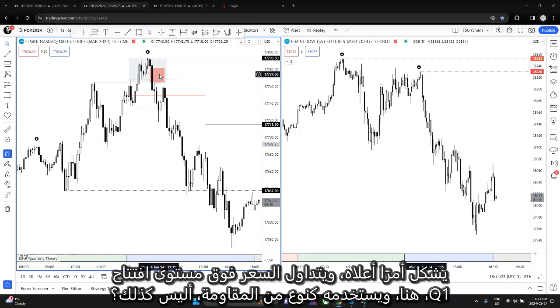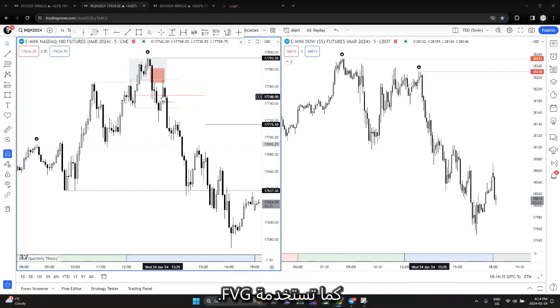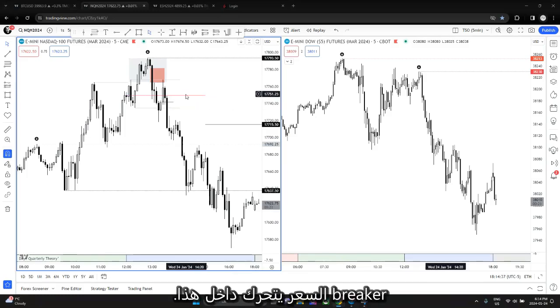Price trades back up into this fair value gap, forms an order block, price trades above Q1's open right here, uses it as resistance, as though you would use a fair value gap or a breaker.